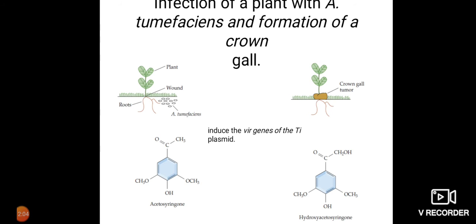Now, how exactly do we introduce a gene into the plant? In animal systems and prokaryotic systems, we know there are a number of vectors which people developed for gene transfer. But in plants, there was a hitch in the transfer of genetic material. Why?